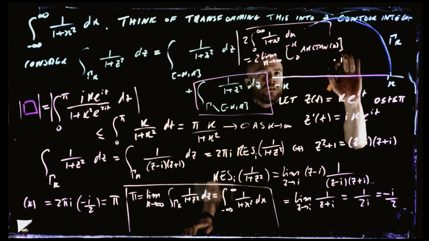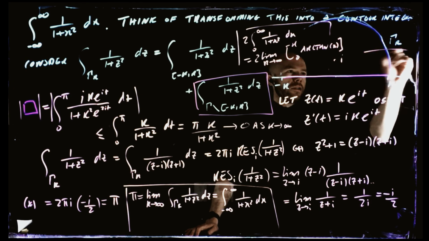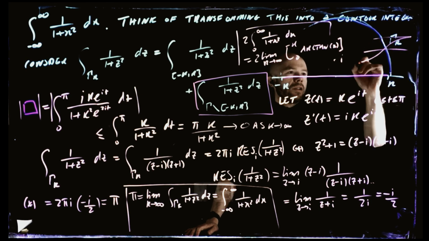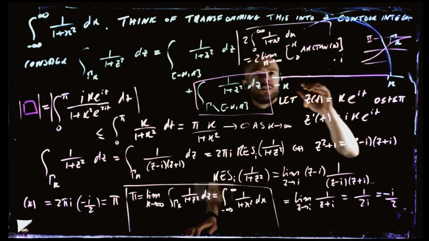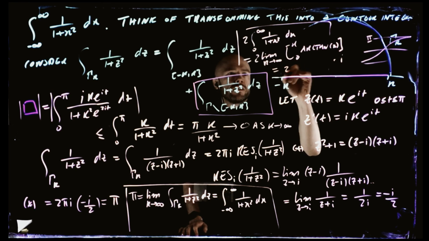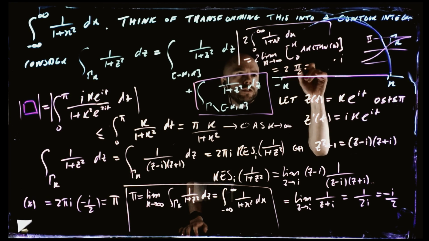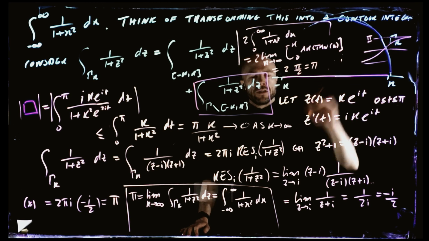And sure enough, we know what arctan looks like, right? It looks like this, with horizontal asymptotes at pi over 2 and minus pi over 2. So this is just 2 times pi over 2, which is just pi. And that is the right answer.